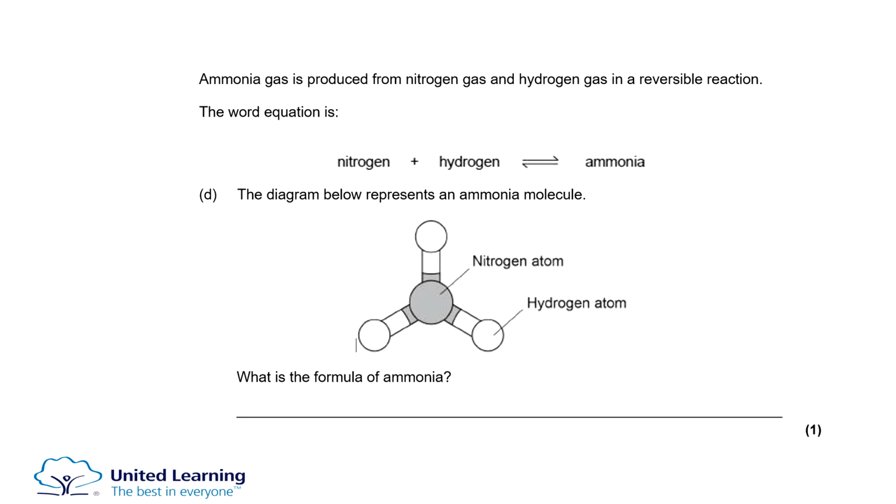And don't overthink a question like this. Quite simply, nitrogen has been labelled for you and there is only one of them. And so nitrogen is an element on its own, so it's a capital N. And we have 1, 2, 3 hydrogen atoms, N, capital H, little 3 at the bottom.